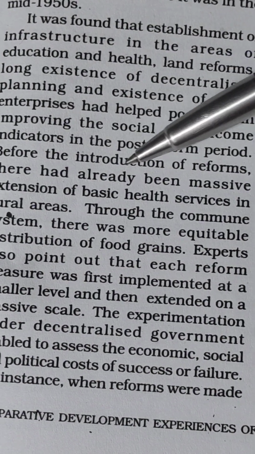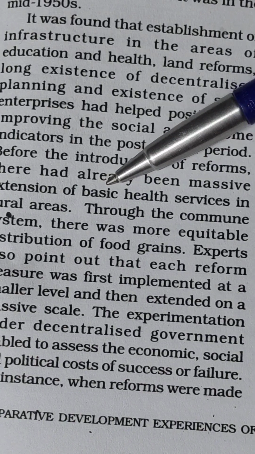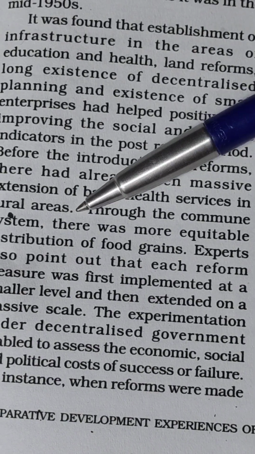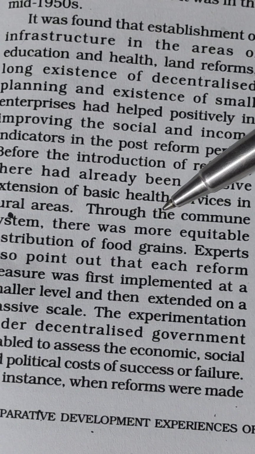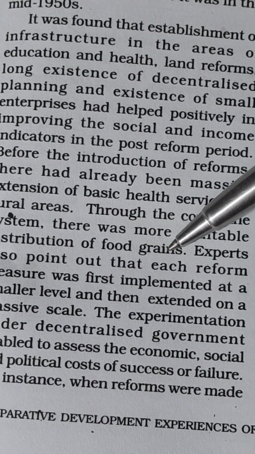Before the introduction of reforms, there had already been massive extension of basic health services in rural areas. Through the commune system, there was more equitable distribution of food grains.